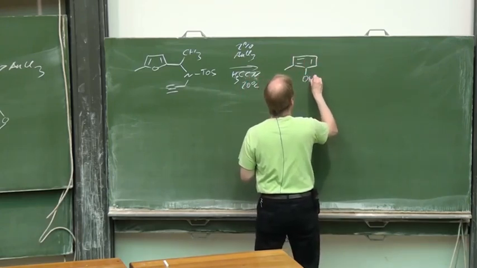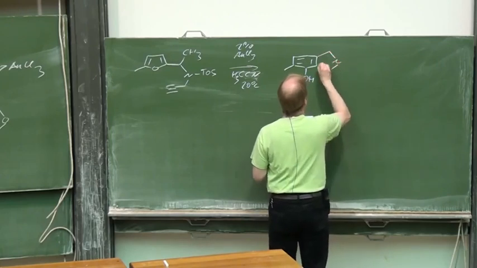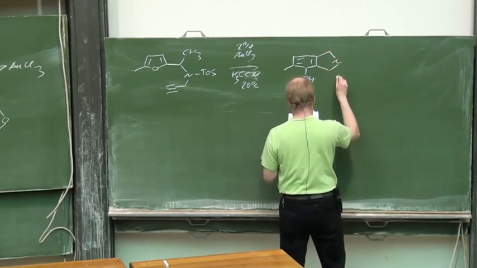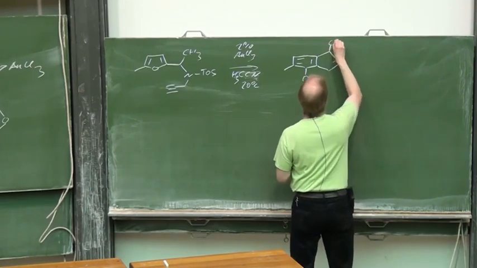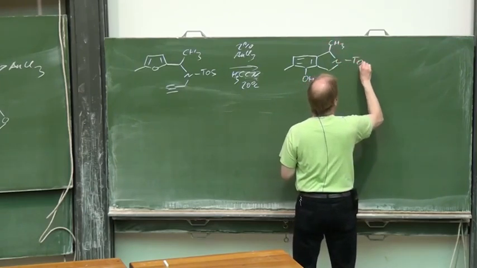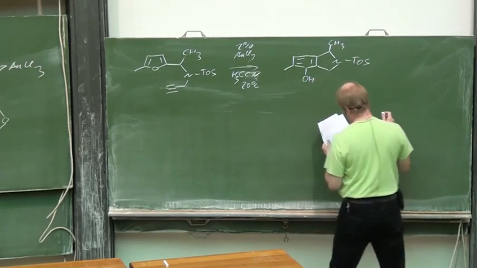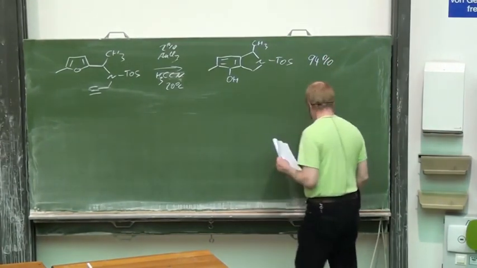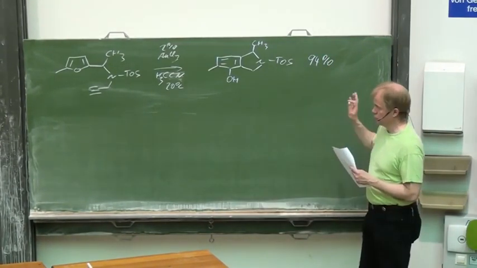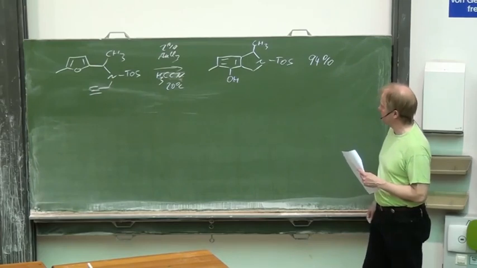Same type of product. In this case, obtained with a 94% yield, isolated yield. You can be sure it's from Hashmi group, that's right.